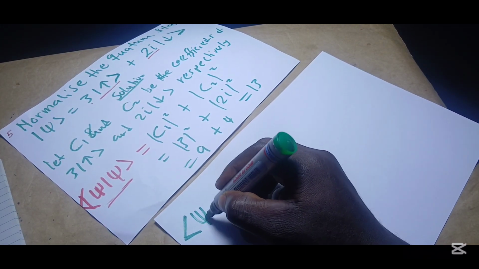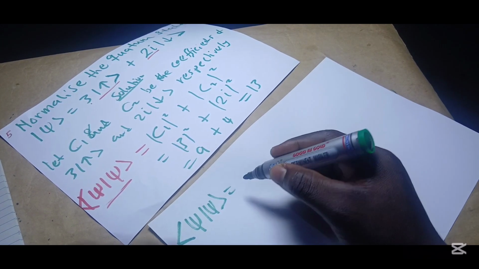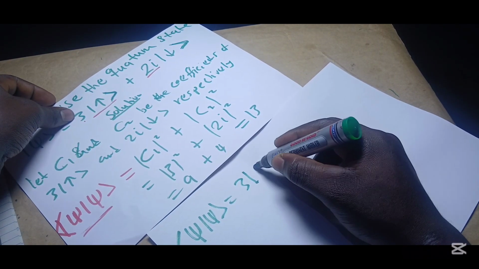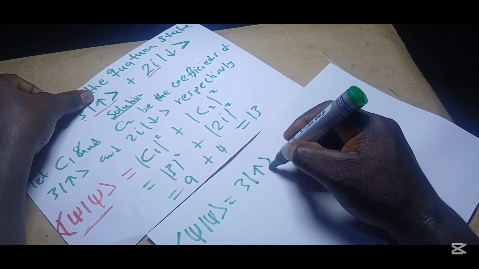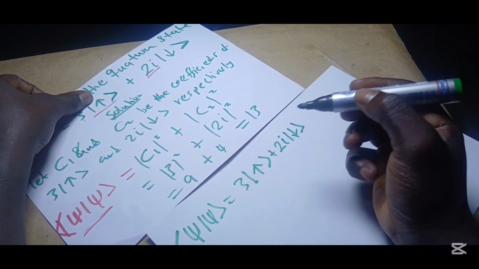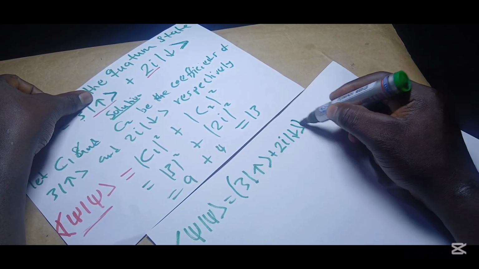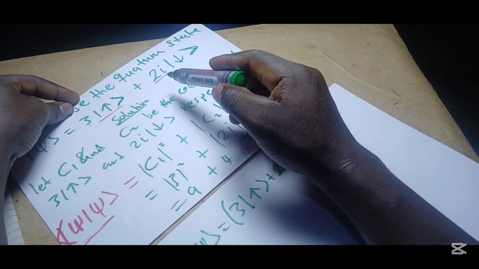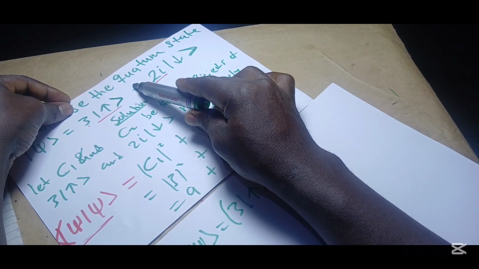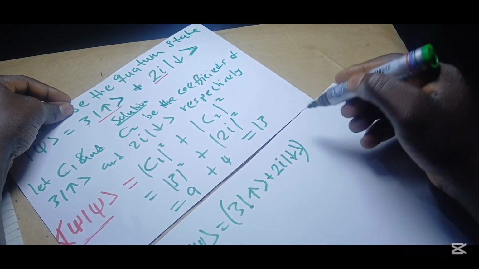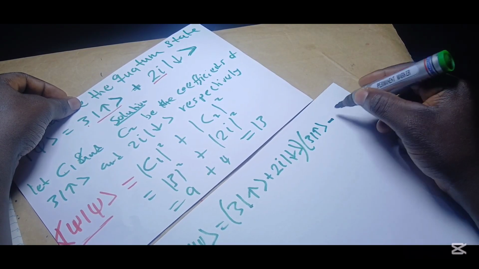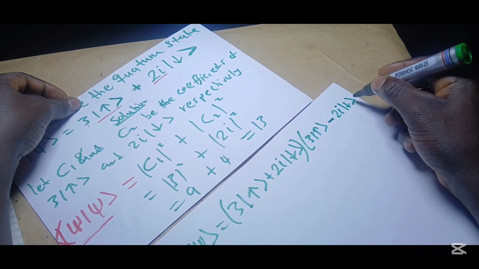So the bra psi then ket equal to, first of all, we write whatever is there, which is 3 plus 2i into the bracket. And then we write whatever is here, but in this case, the operation sign is going to change, so it becomes minus. So we are going to write 3 bra spin up minus 2i bra spin down.